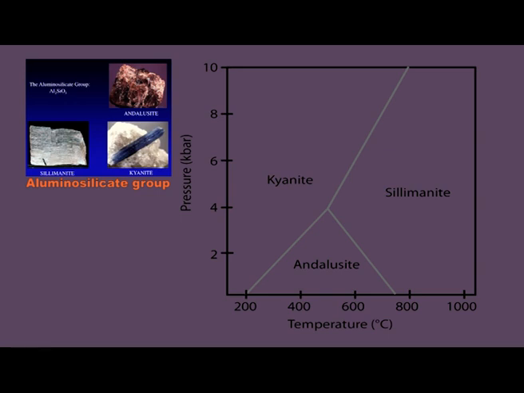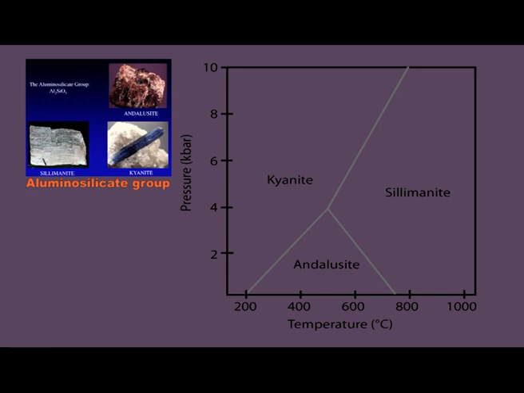Andalusite is formed at moderate temperature and low pressure, so that it is typical of thermal metamorphosed argillaceous rocks and low pressure regional metamorphism.